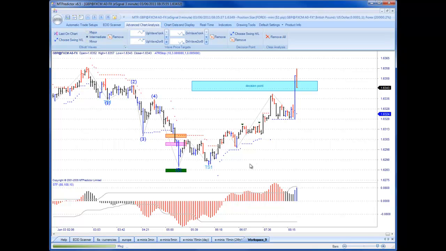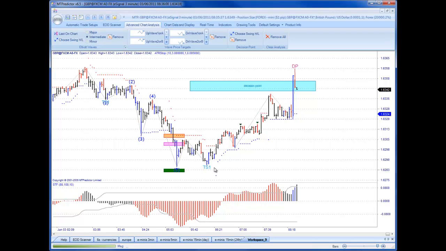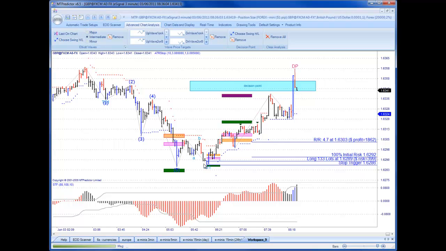But the trade that interests me is this TS1 buy here. This is a holy grail setup. If we put our analysis on, you can see that it gives us a trade setup where the market looks like it's going to go up to the first target, but because of the larger degree support back here, we're anticipating this trend is going to go higher. So therefore we'd want to look to run the trade further, but the question is, into where?